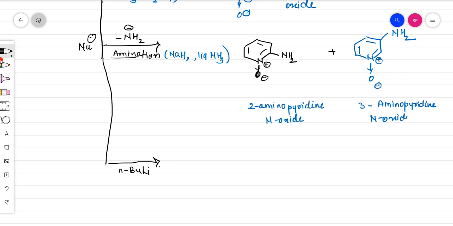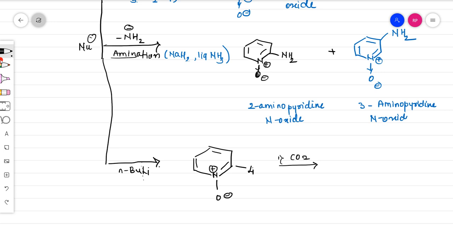Okay, see, what happens is when you use n-butyl lithium, these lithium compounds are generally used as intermediates, to prepare intermediates if you want to have a substitution. At the ortho position this lithium goes, and this is not our product, we are using this to prepare an intermediate for further reactions.